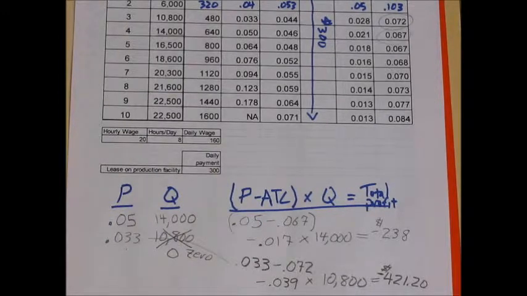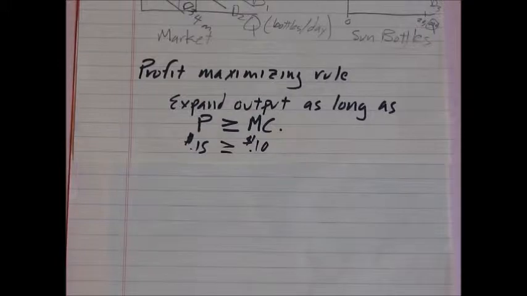So let's think about how we can take that possibility that we can do better by shutting down into consideration. So, in part 2, we said that the profit maximizing rule tells us to expand output as long as price is greater than or equal to marginal cost. And now what we need to add is an exception.